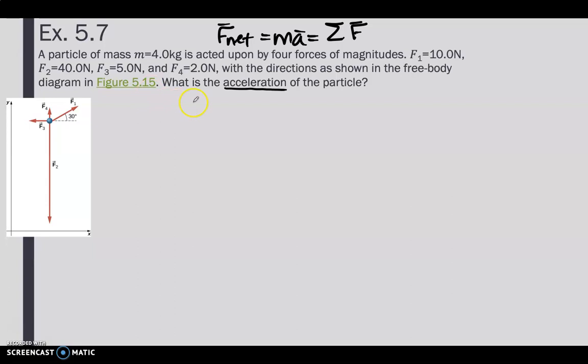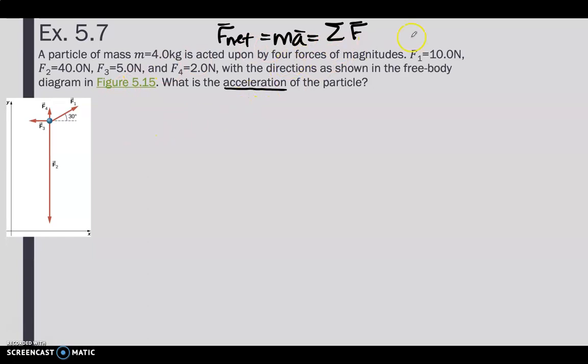All right, so you can see from this diagram that forces 2, 3, and 4 all lie on the xy axes, the x or the y axis. So F1 is the only one that we need to be concerned about for the moment.